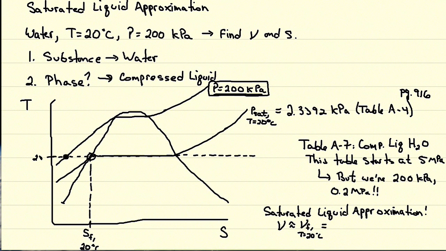Okay, and so we can then go to table A4 and find 20 degrees C, and our saturated liquid specific volume at that temperature is 0.001002 cubic meter per kilogram.